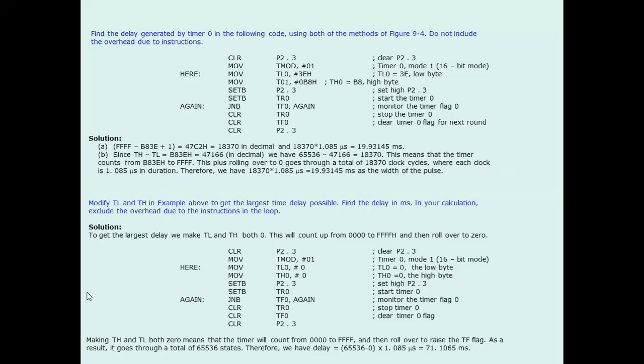These are some examples, so I'm not getting into them. You can just put in the formula and take the values of TL0 and TH0, and you will get the result and can verify it with this answer.